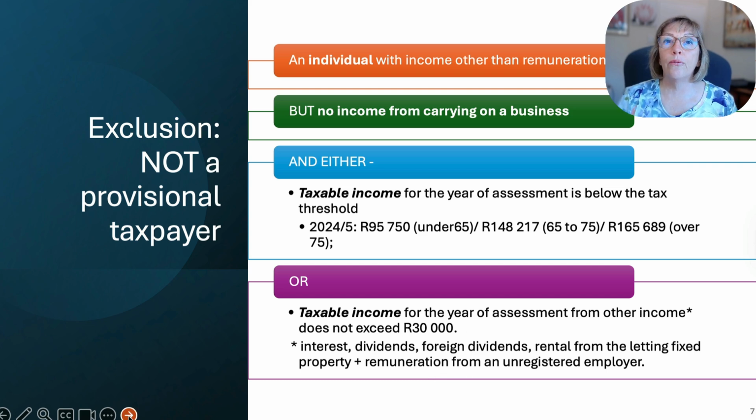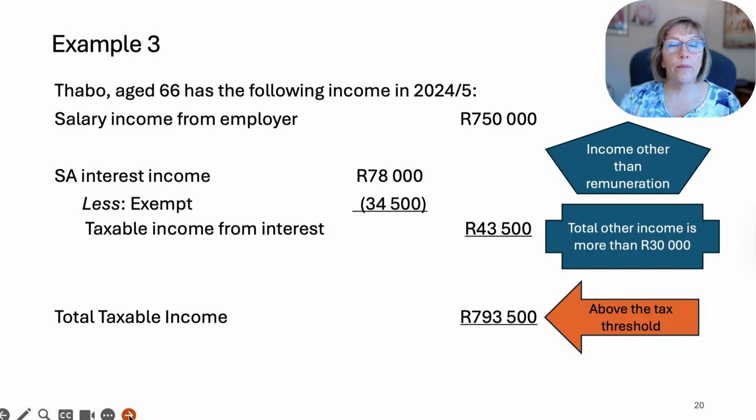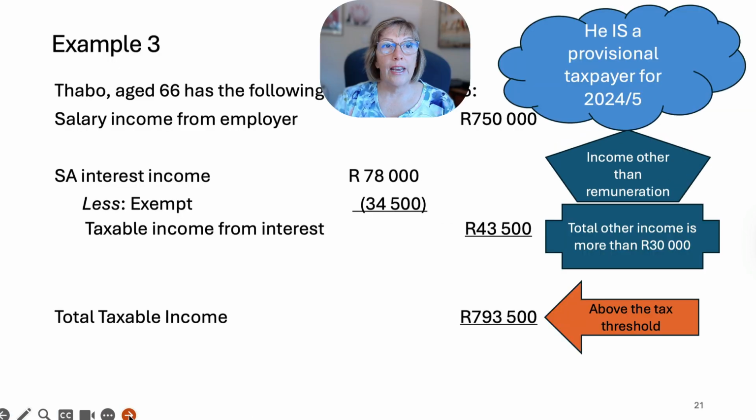All right, so if you don't fit into those exemptions and you do earn other income, similar to what we saw in the example with Thabo, that person would be a provisional taxpayer.